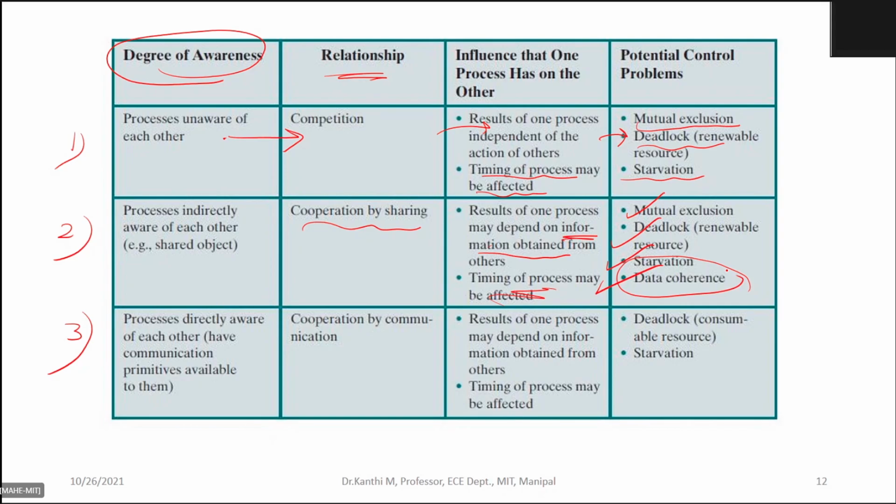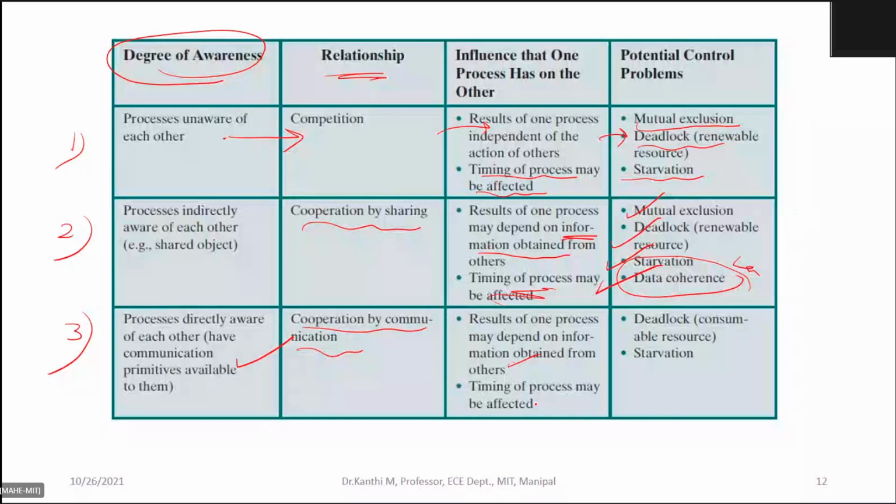The third category, they know each other directly. It is quite simple because we know each other, and we can handle it very smoothly. In this case, we can have a good interaction by cooperation and communication. The results of one process may depend on the information obtained from the others.